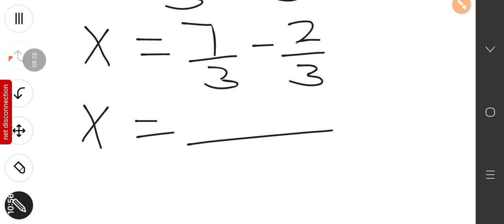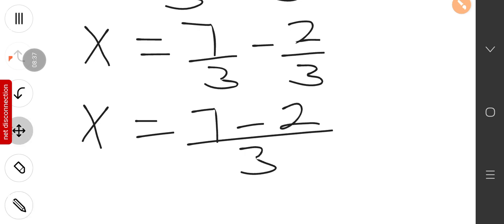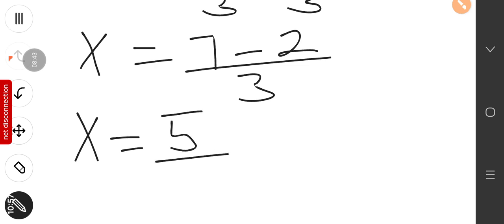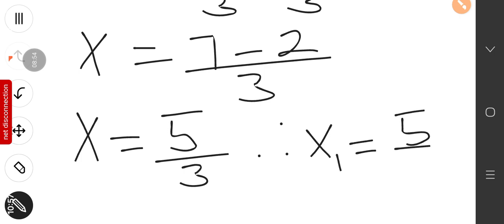The LCM of 3 and 3 is 3. 3 goes into itself 1, 1 multiplying 7 gives us 7, minus 3 goes into itself 1, multiplies 2, and that is 2. So x is equal to 7 minus 2 is 5 over the denominator, which is 3. Therefore let's call this x1 equals 5/3.